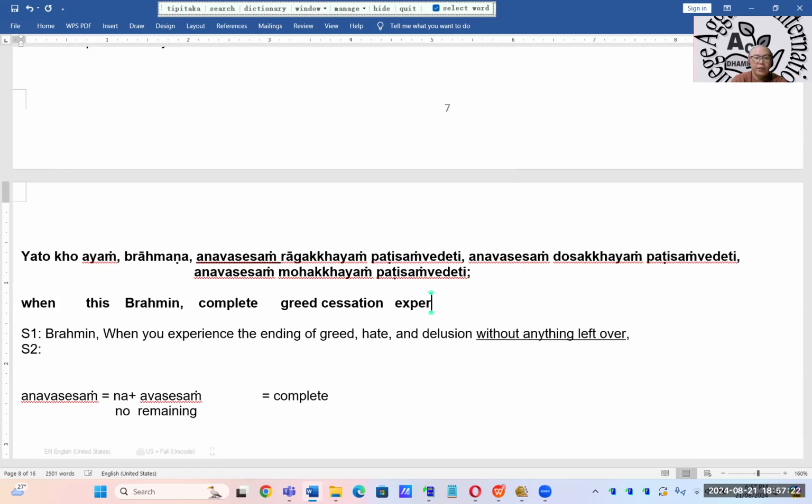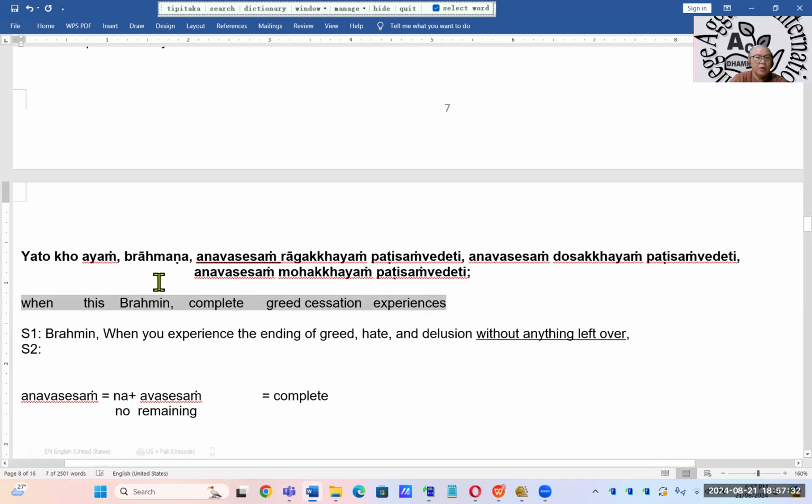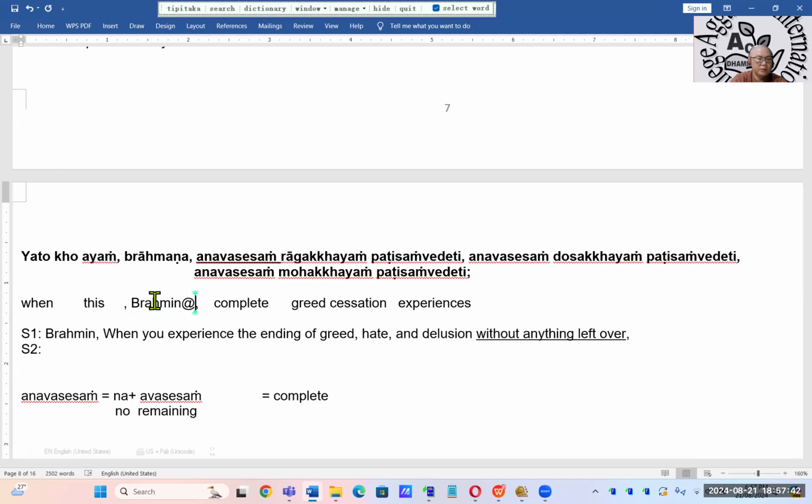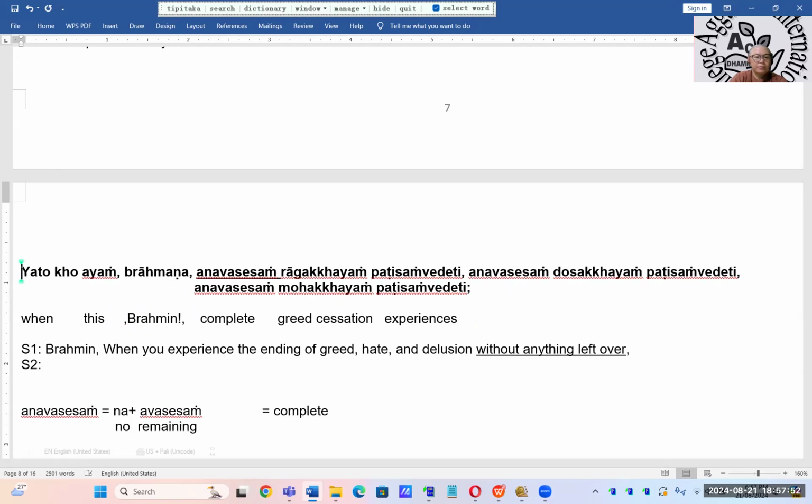Pati samvedi, experiencing. Then the whole thing will be dosa, moha. So when this, maybe if you want to put a Brahmin, when this, so what does this connect to? This is connected to this one.